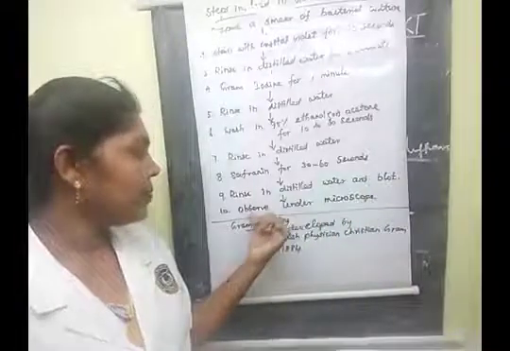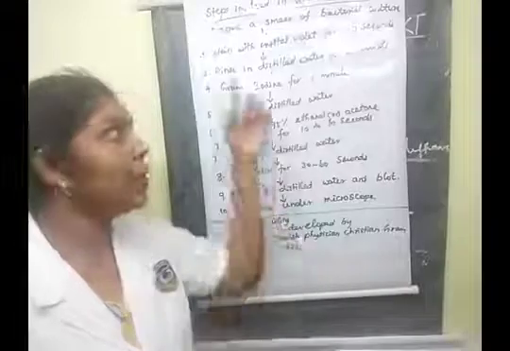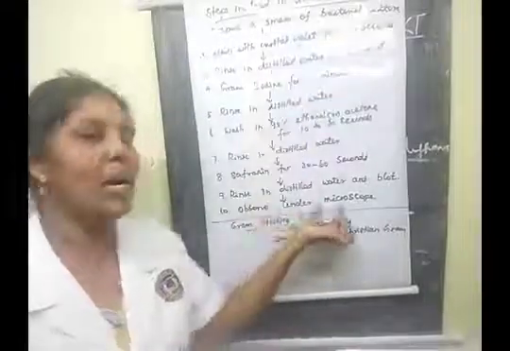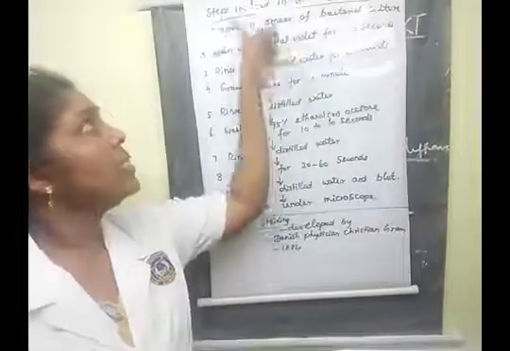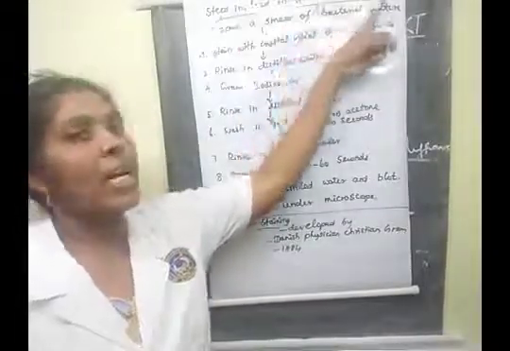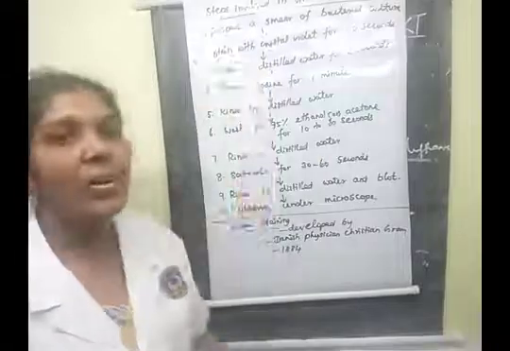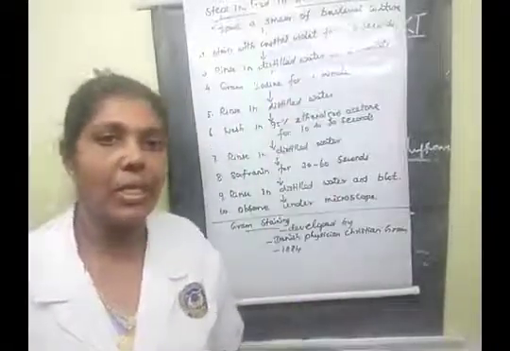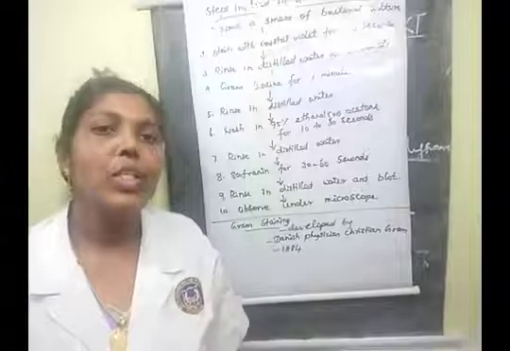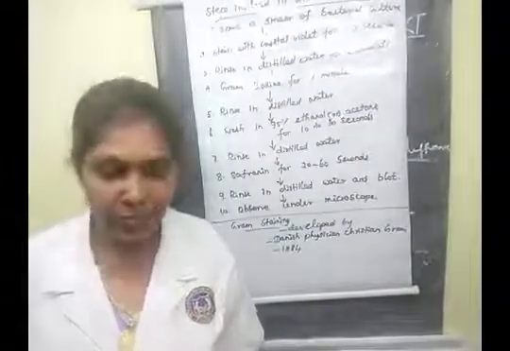After that, observe the stained slide under the microscope. Clear, children? These are the steps involved in the gram staining procedure. This is one of the very important 3-mark or 5-mark questions. Understood, children? Yes.